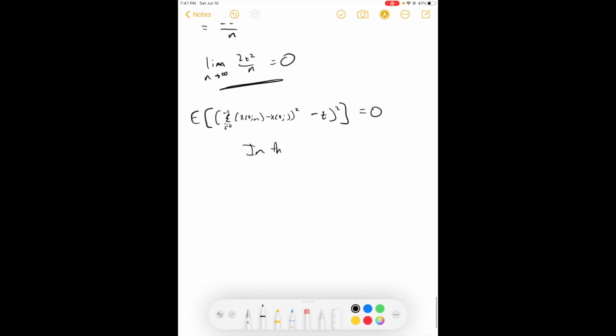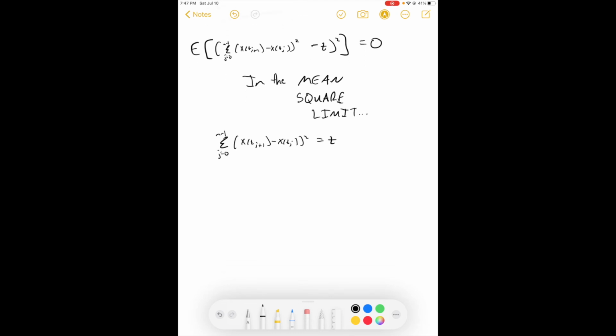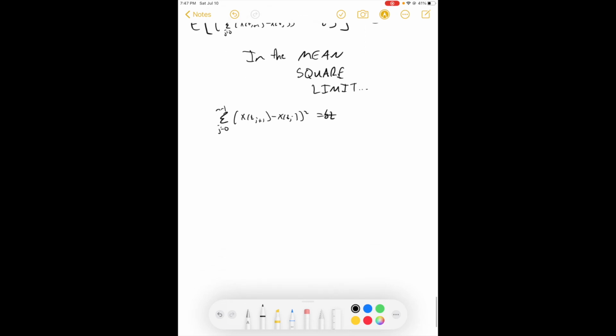So in the mean square limit, and those words are important, in the mean square limit, the sum from j equals 0 to n minus 1 of x of t sub j plus 1 minus x of t sub j, totally squared, is equal to t. Or in our case, it's actually equal to delta t.